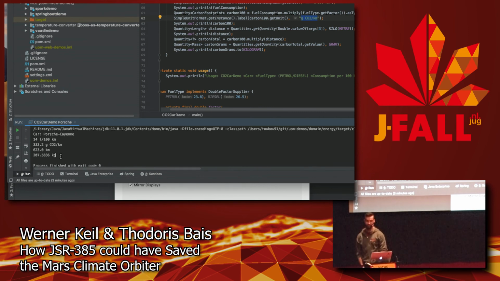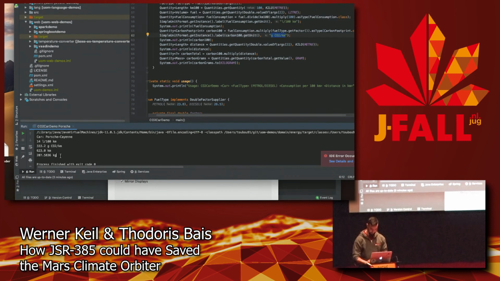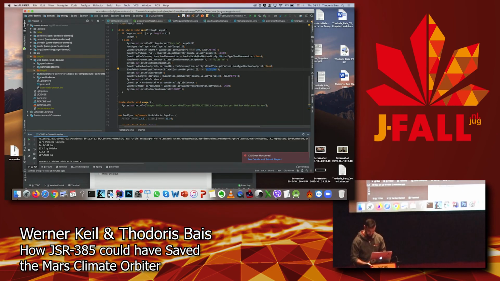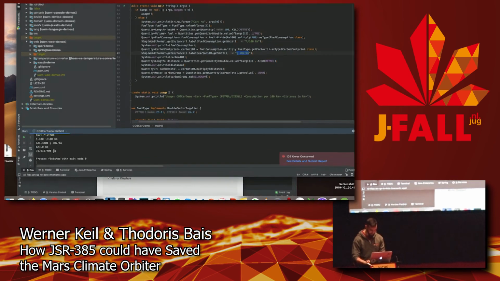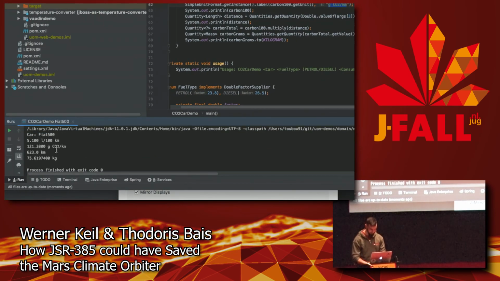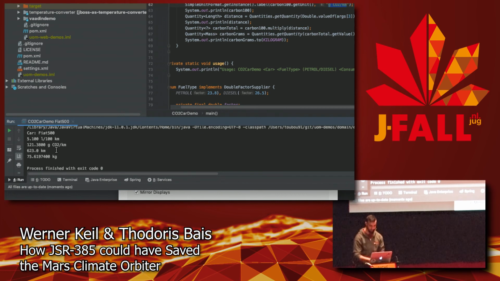Okay, let's try another example with a slightly more efficient vehicle. Yes. You want an Italian one? Let's go for a Fiat 500, right? So what would happen here for a Fiat 500? As you can see here, and we didn't even use the even more wasteful Italian vehicle by the same group, which would be the Ferrari.